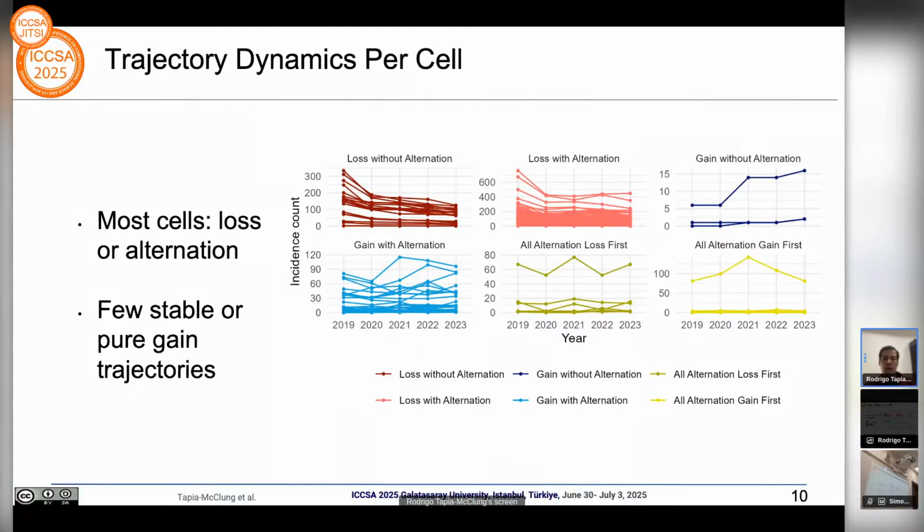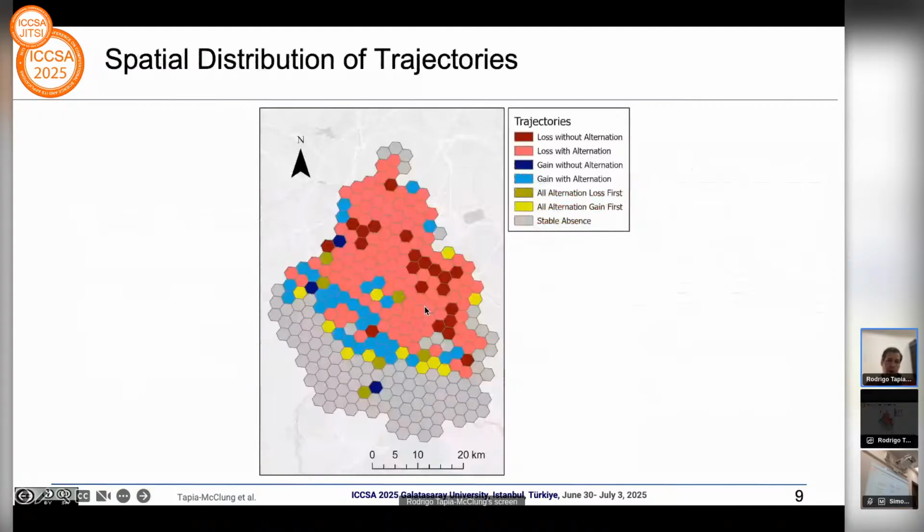What we're working on is trying to get these two things together so we could plot trajectories for both space and time, but in one map, to gain a better idea of how things are changing from one year to the next in a particular cell that is either classified as a loss with alternation or a gain with alternation or any other type of trajectory.